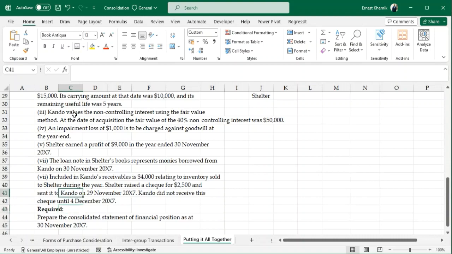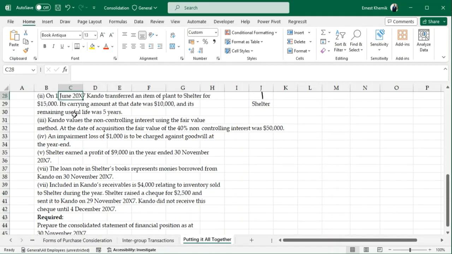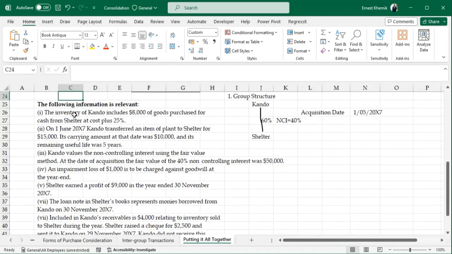So as you can see, I have not actually read the entire question yet. Consolidation, you are supposed to do this within a maximum of 40 minutes. So you have to be very, very fast when you are doing this. As and when you read information, as soon as you know how to treat it, you go ahead and treat it before you go to the next, so that you don't have to read everything again and again.